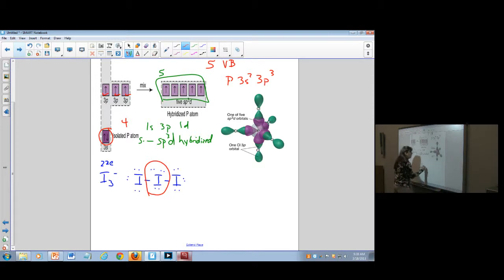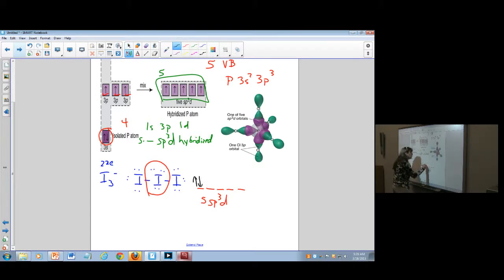It has to have 5 areas, just like this one did: 1, 2, 3, 4, 5. I have 5 sp3d orbitals. What am I going to do about these lone pairs of electrons?